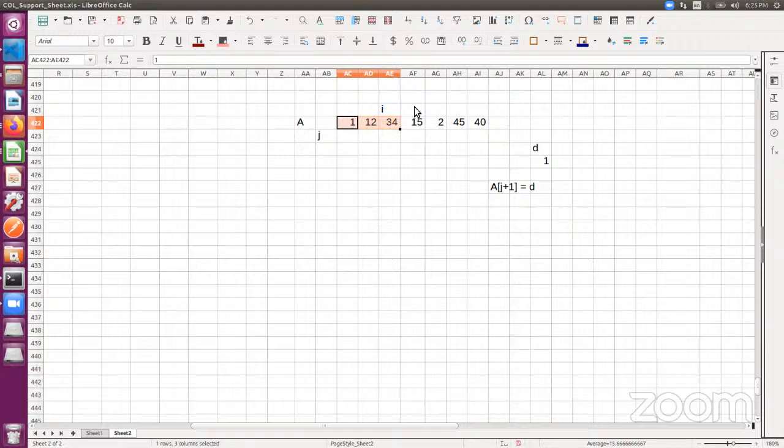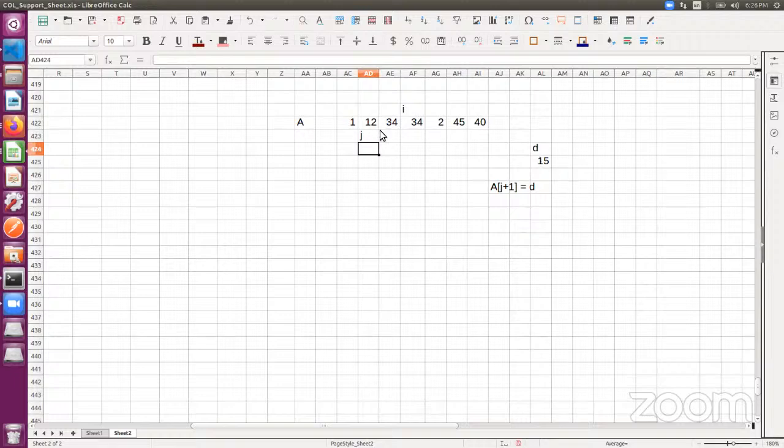So now you will insert 15. j would start from the second position, second index, right? So now d is 15. Compare d and A of j. d is less than A of j, so copy this to the next position. So 34 goes there, decrement j.